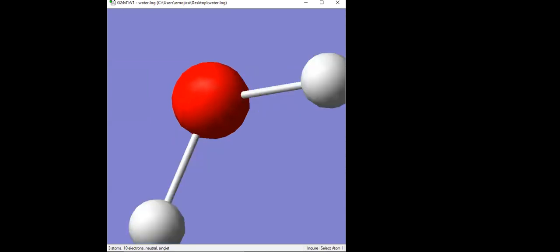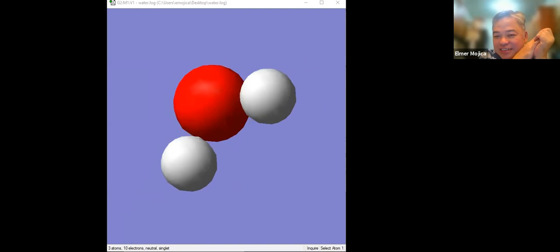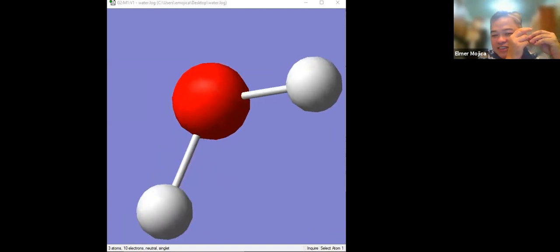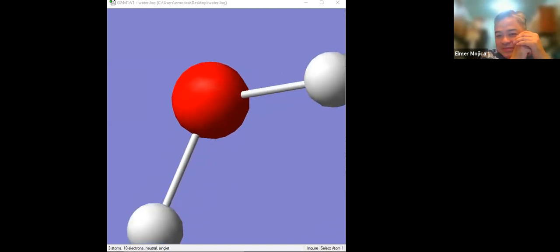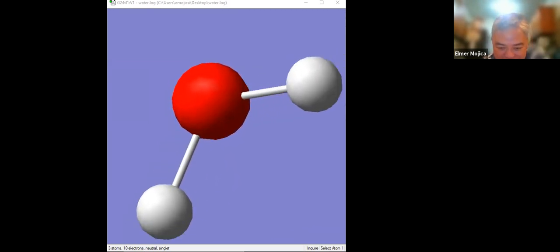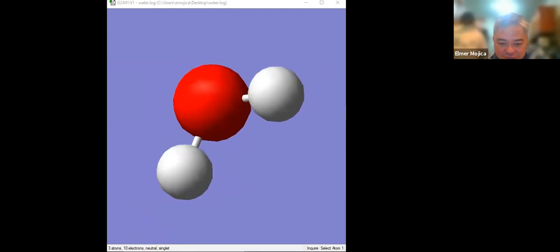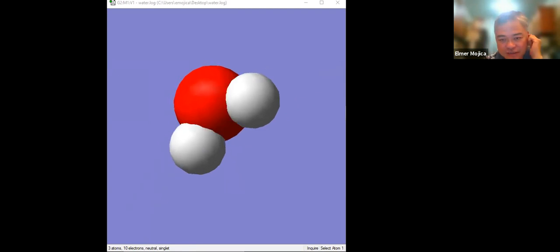Anong klaseng stretching? Symmetric po. Okay, so that's a symmetrical stretching. And between the IR and the Raman, mas mataas yung kanyang peak sa Raman. Hindi kasi sabay-sabay pwede, kaya kailangan ko isa-isahin sa inyo. So there's where you see the peak.